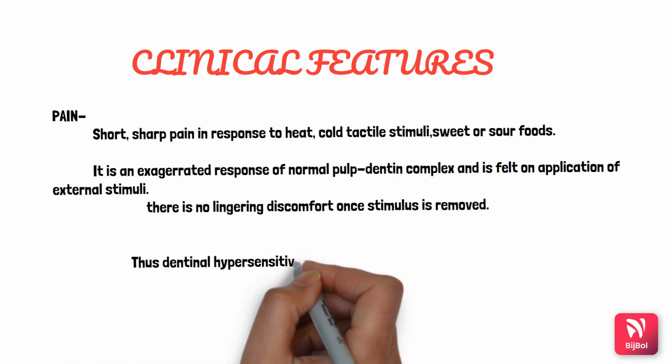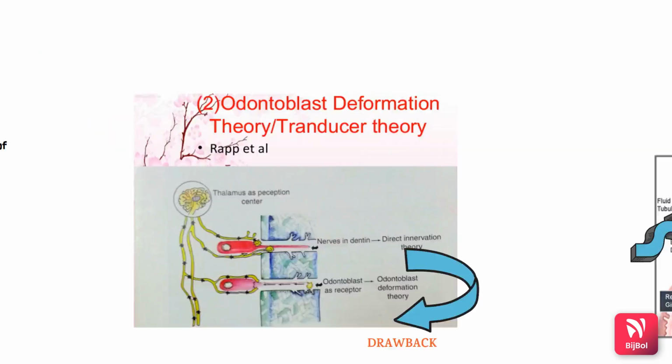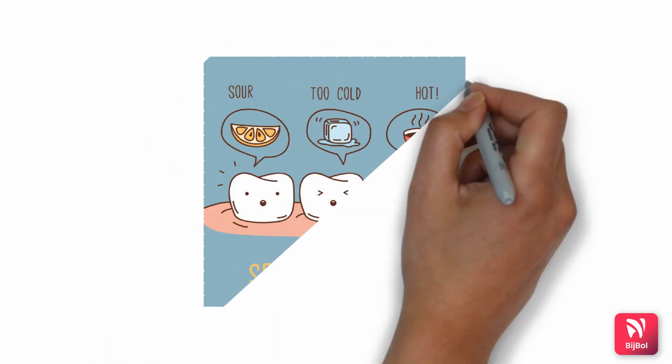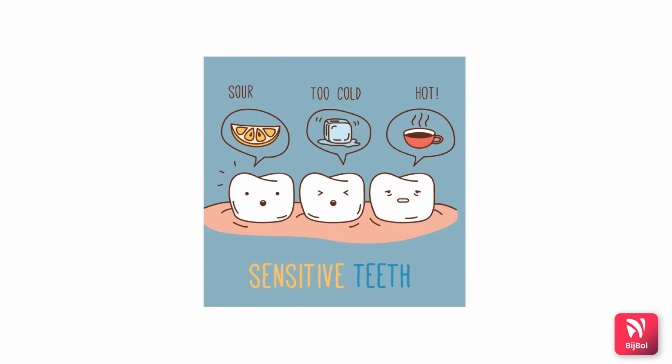That's the reason we can say that dentinal hypersensitivity is almost similar to acute irreversible pulpitis, and we can also write the diagnosis as acute irreversible pulpitis for dentinal hypersensitivity. So if we have a sour, cold, or tactile stimulus, it gives an exaggerated response of the normal pulp-dentin complex. That's how too cold, sour, or hot food acts on the teeth.